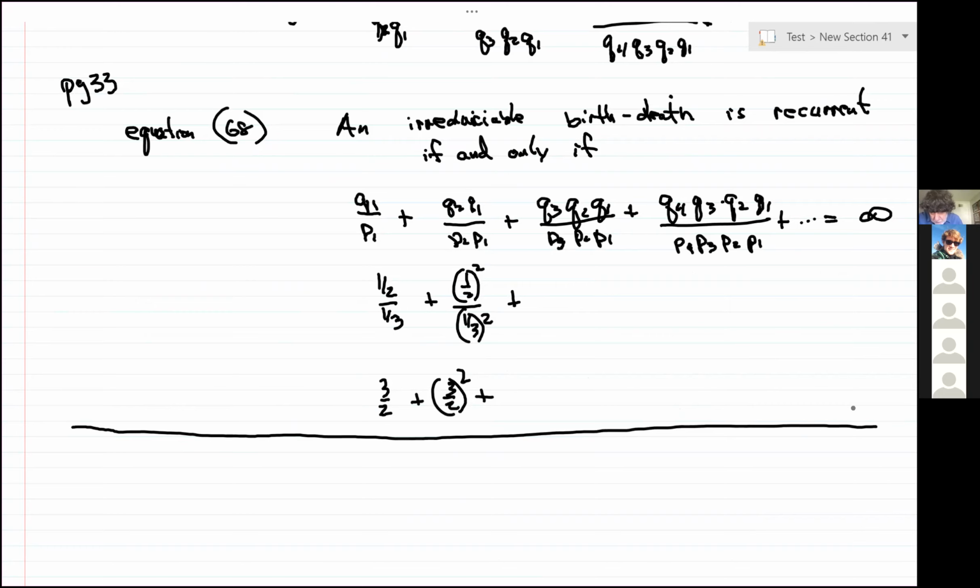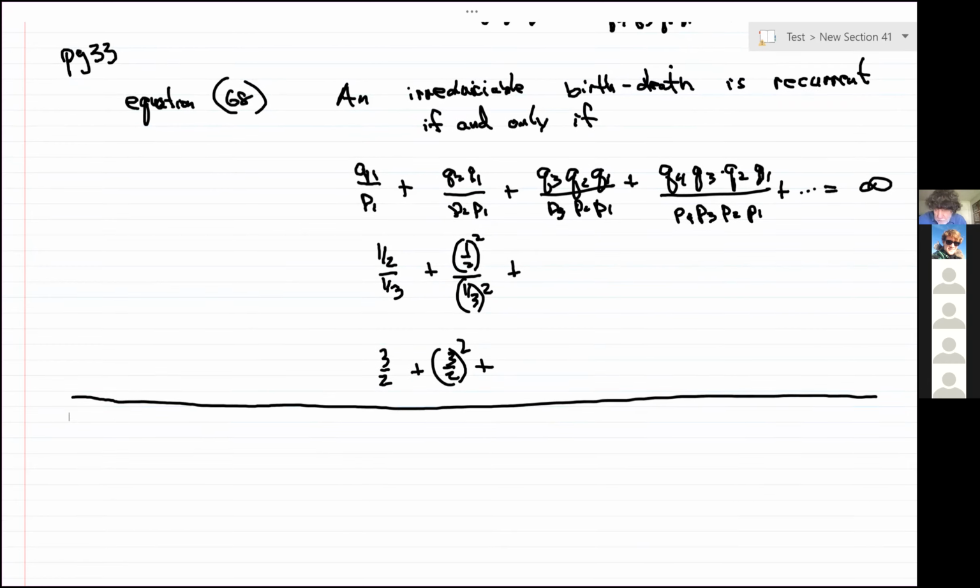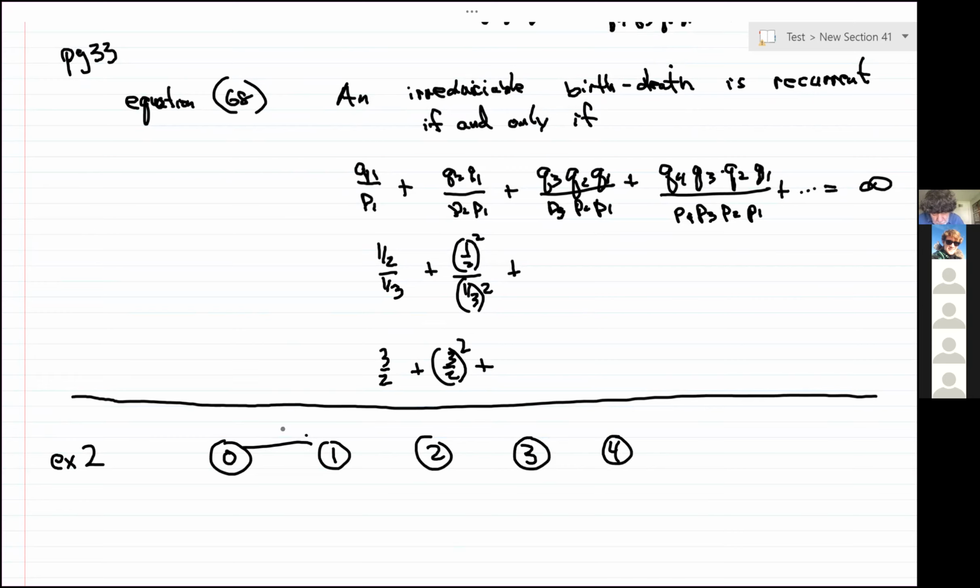And I'll repeat this next time for those who couldn't stay through this. But consider example 2. Example 2 is still a birth-death chain. But this time, the probability of going up is 1/2 everywhere. And the chance of going down is also 1/2.